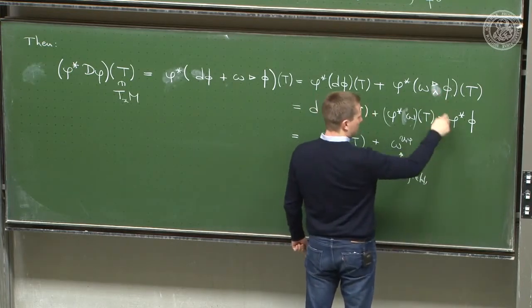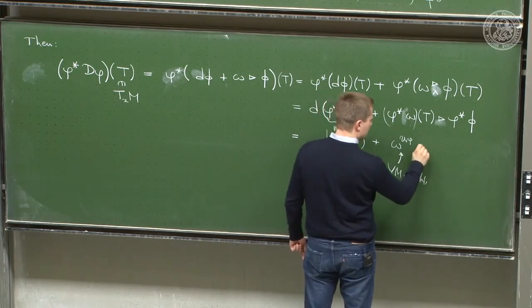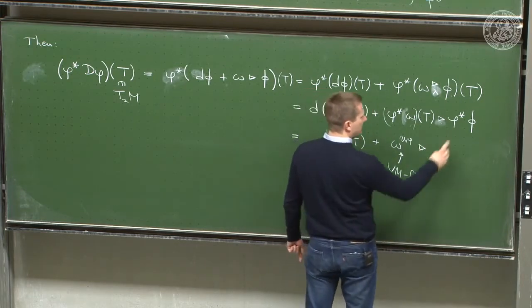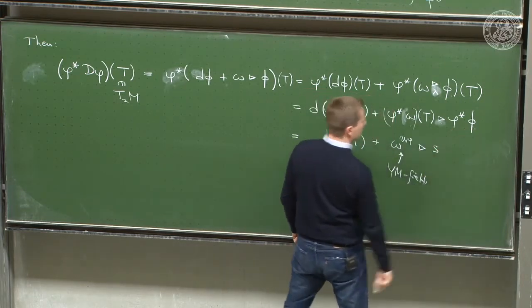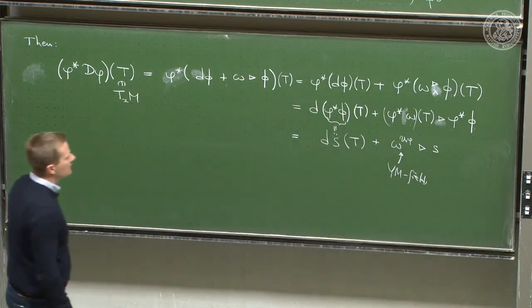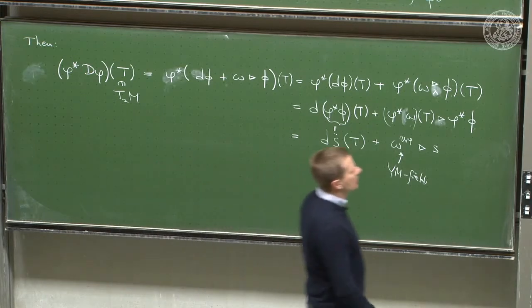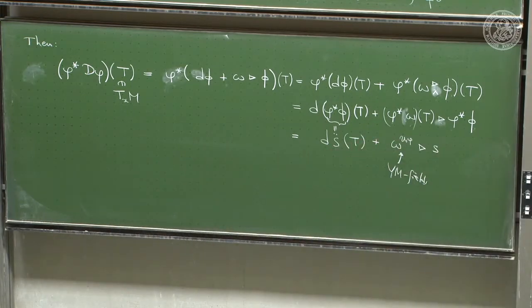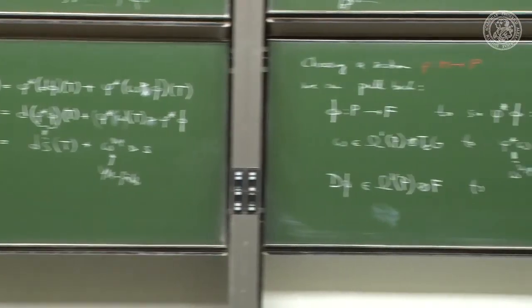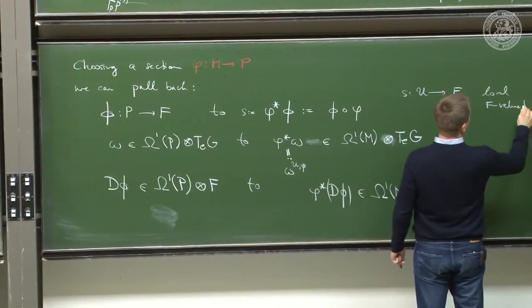I should have put the action symbol in any case. Now it acts from the left on this guy. Well, this is again this s field on the base space, a local f valued function. So this s goes from U to F.